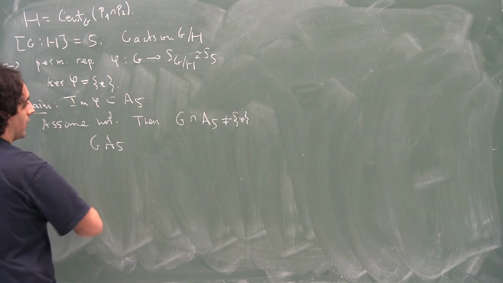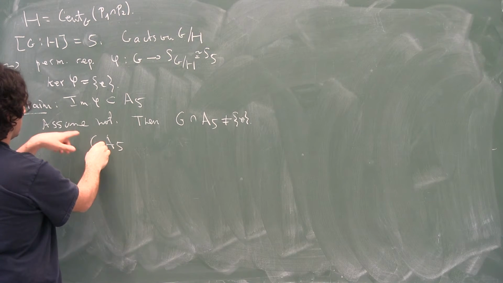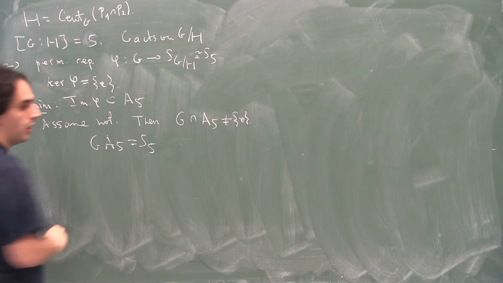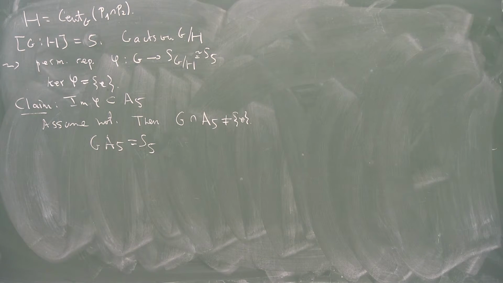G times A5, because if G is not contained in A5, then G times A5 must be all of S5, because it is something bigger. By Lagrange's theorem, it must be everything.